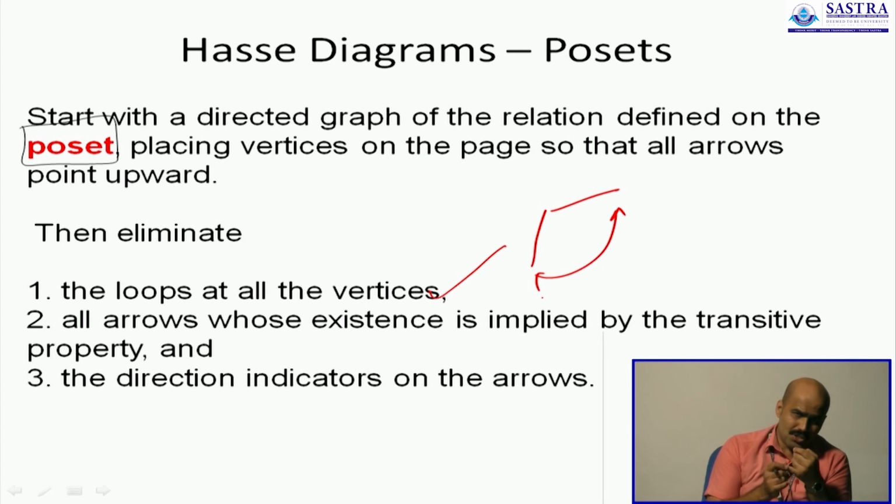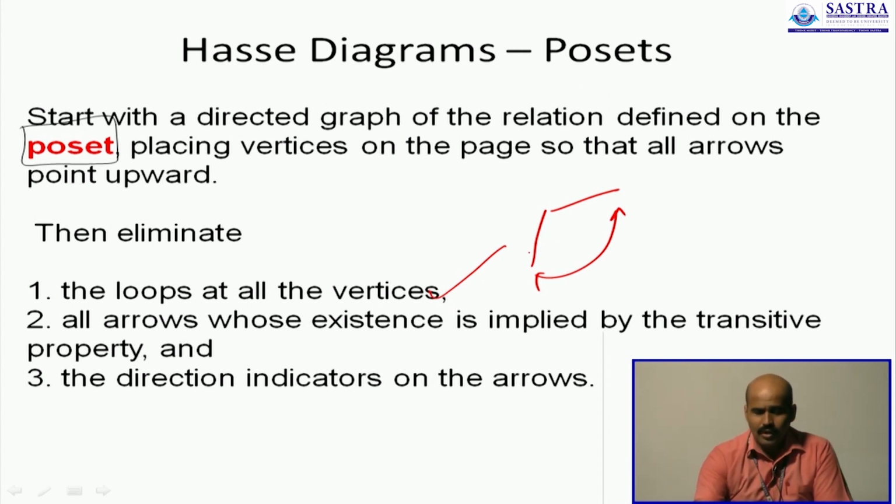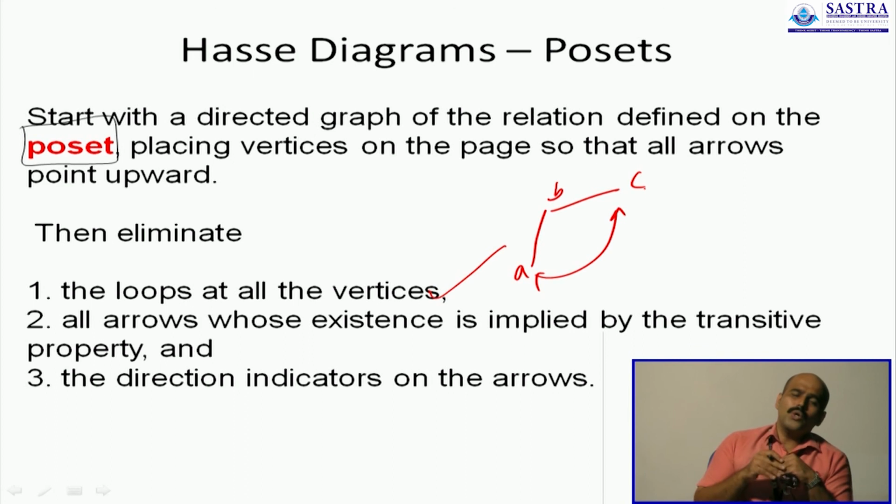When I say partial ordering, the relation is reflexive, antisymmetric and transitive. Therefore, you don't have to draw a separate arrow which shows that A and C are connected. And because we are restricting ourselves to expressing only posets, this can be done away with.